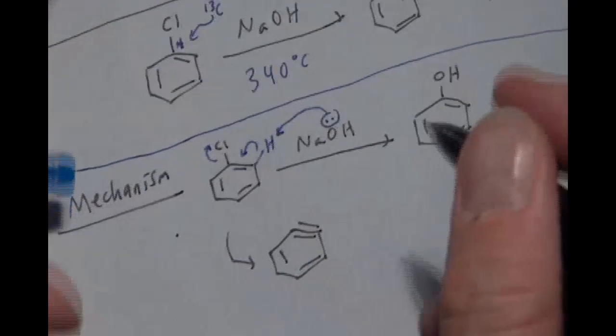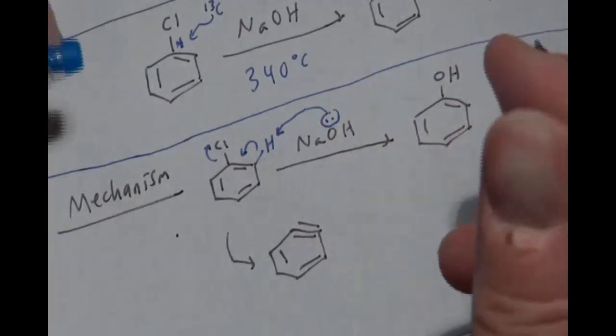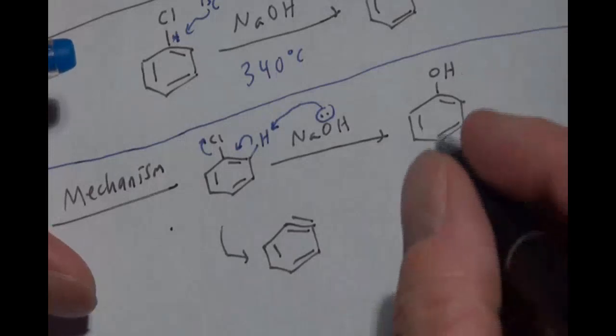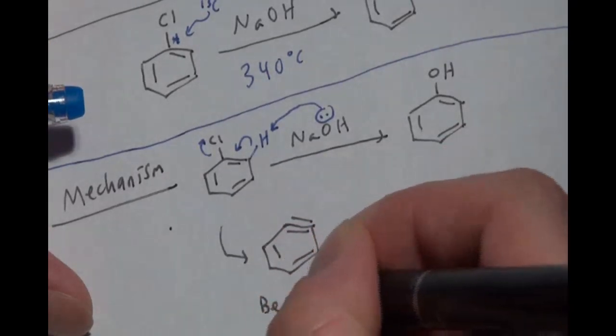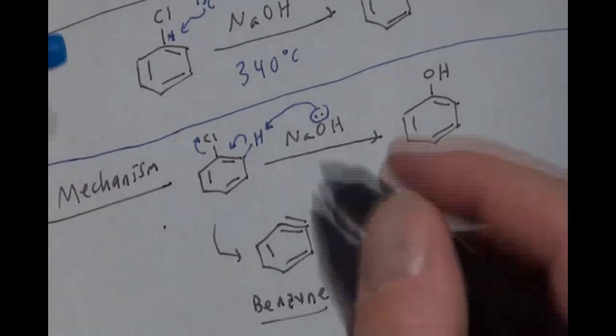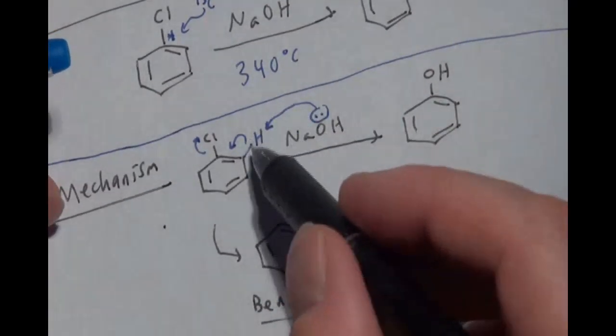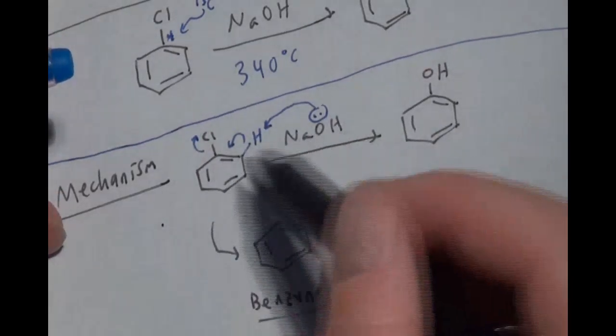to make this completely oddball intermediate called a benzyne. Okay, there's evidence that it may actually first take off the proton and then make the triple bond. I just abbreviate it this way.